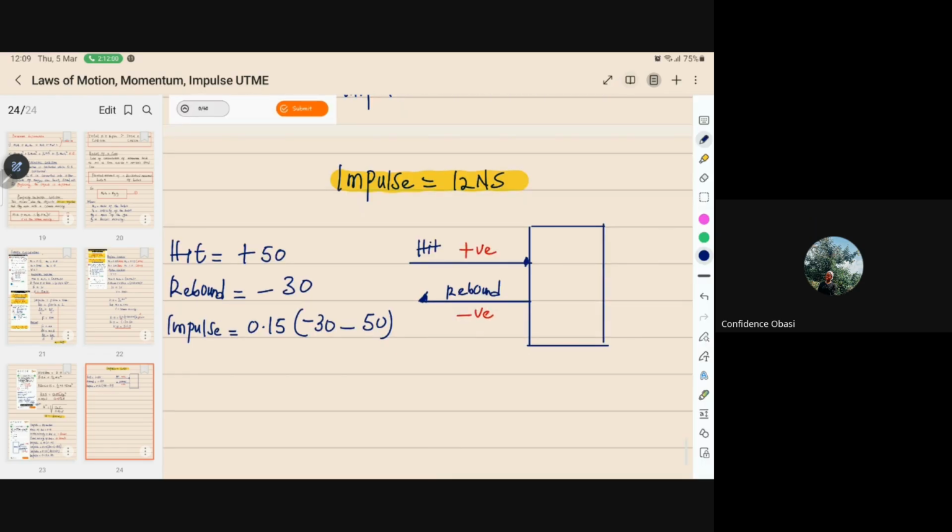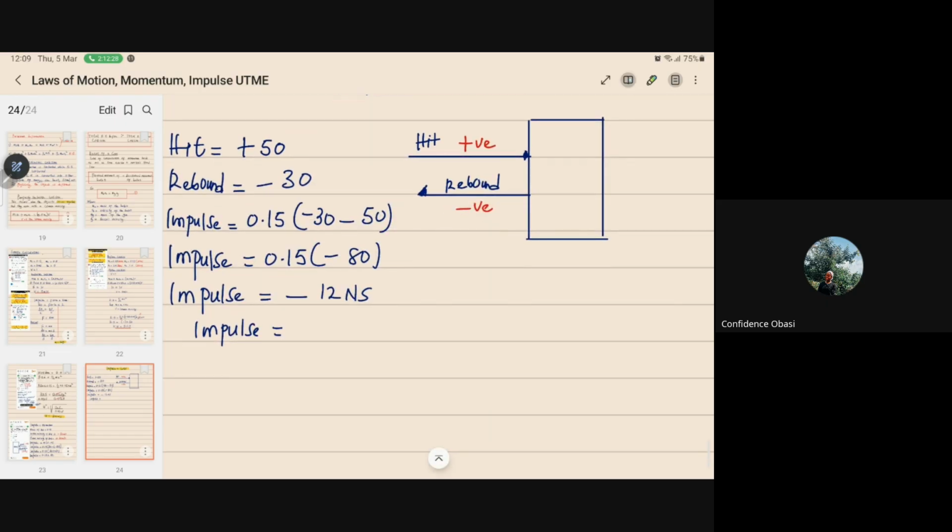So the impulse is equal to 0.15 times minus 80, which is negative 12 Newton seconds. You take the absolute value. That's your magnitude now.